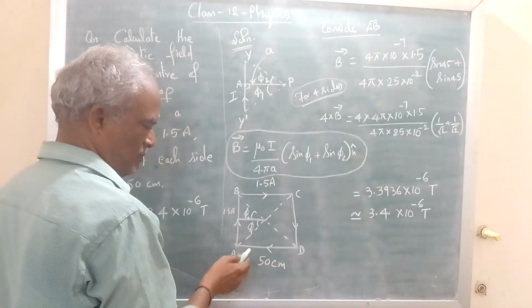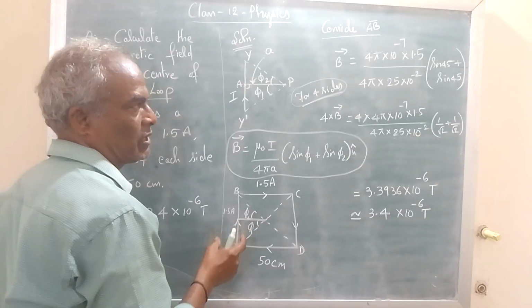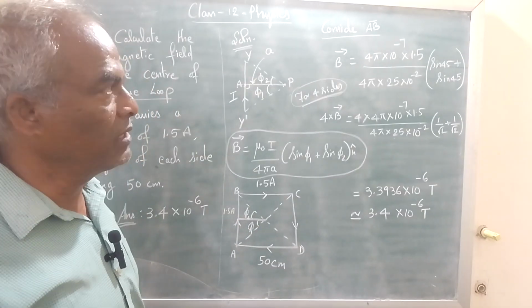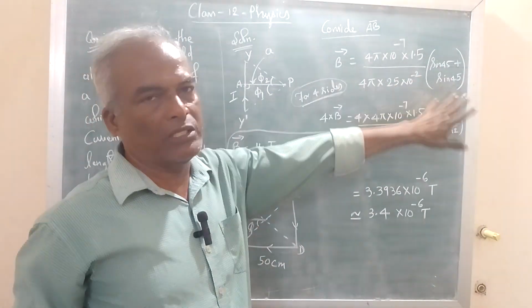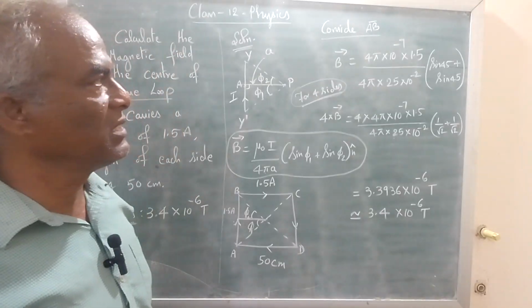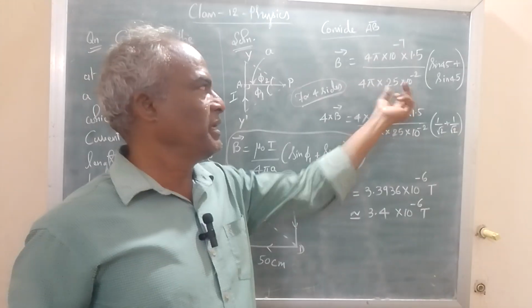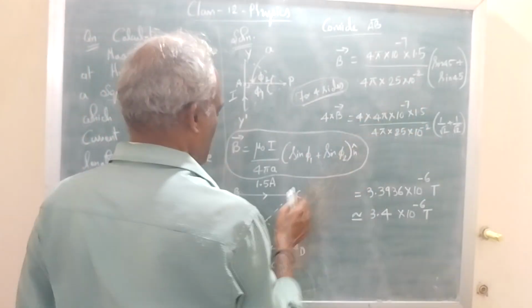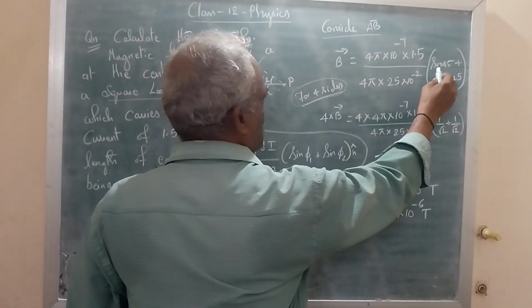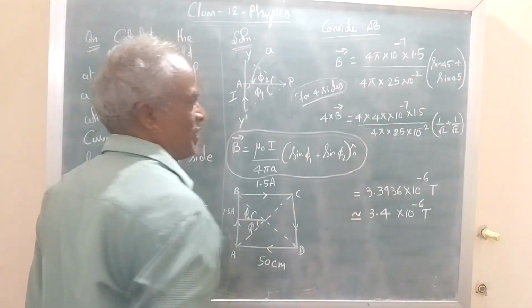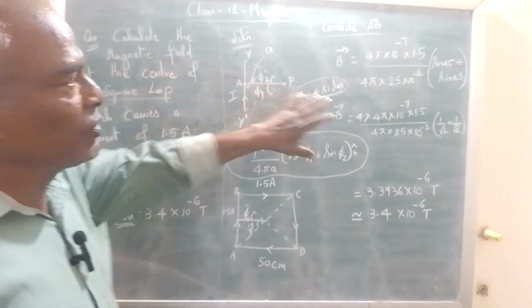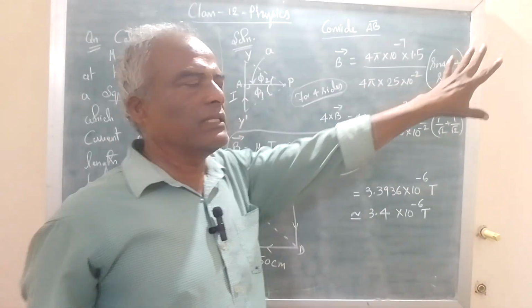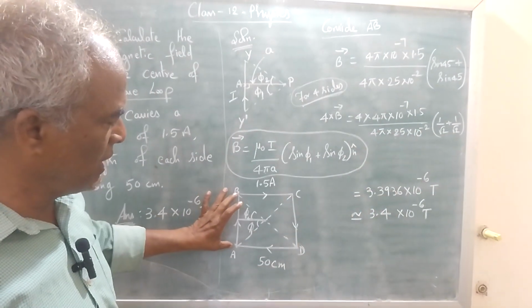A is this length, which I just told you is 25 centimeter, so 25 into 10 power minus 2, which will give the answer in meters. Then sin phi 1 plus sin phi 2. Phi 1 and phi 2 are both equal, so sin 45 plus sin 45. If you simplify, you will get the answer for this length AB.